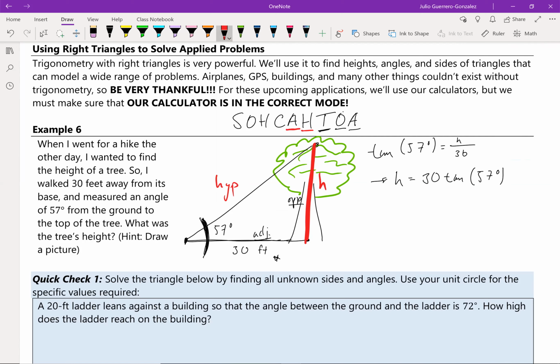You have adjacent, you need the hypotenuse, that means you need cosine. It depends on where the angle is.